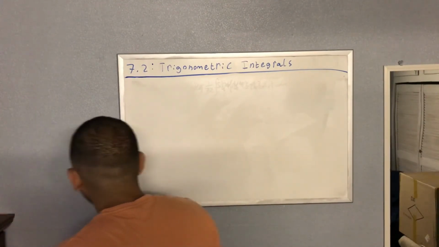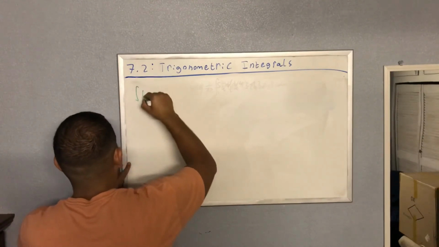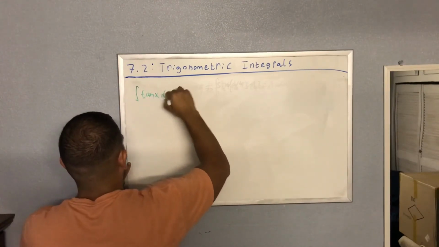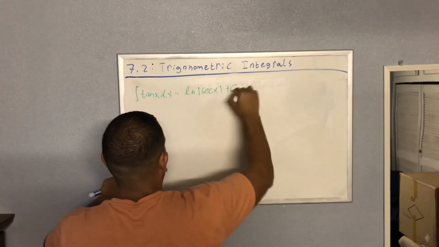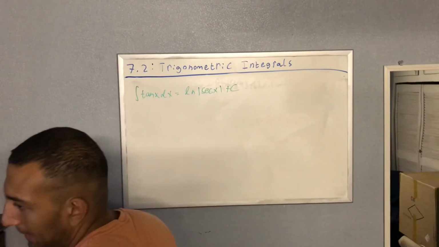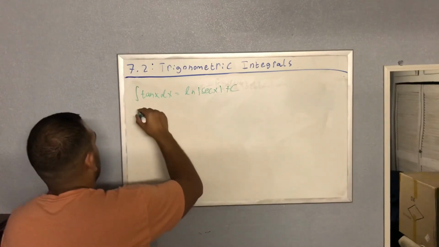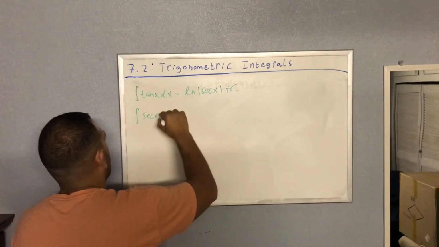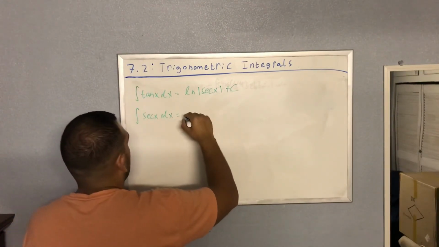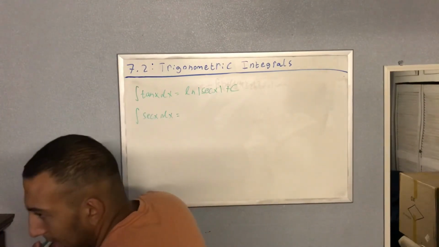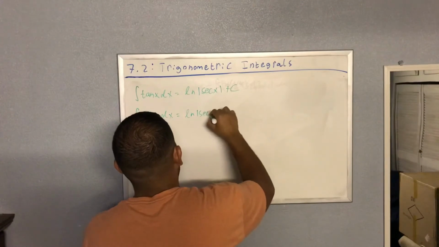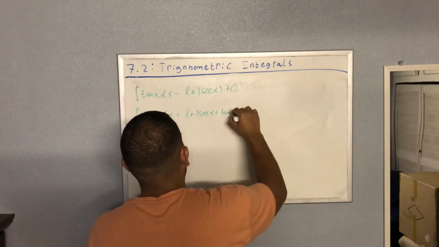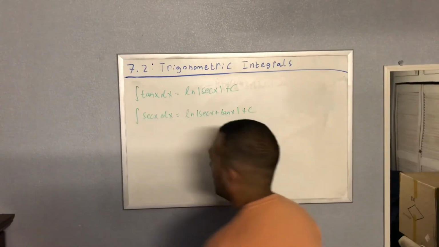So one is the integral of tangent is the ln of the absolute value of secant. And then the integral of secant becomes the ln of secant x plus tangent x plus c.